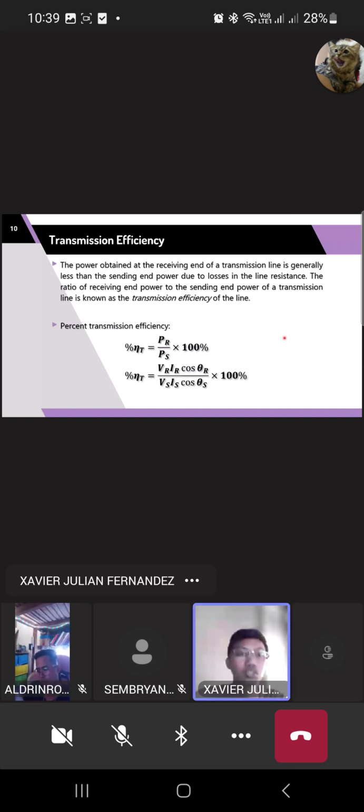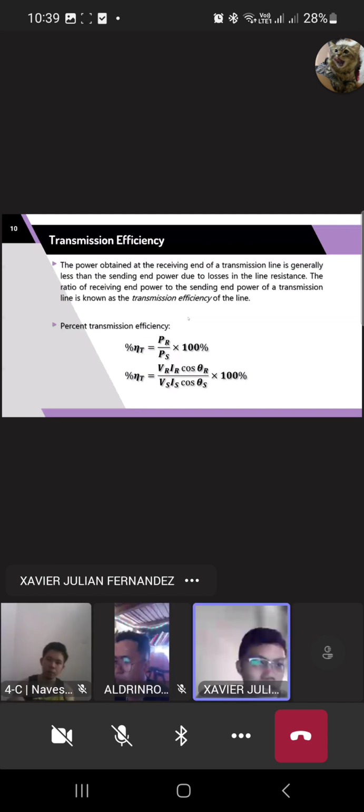Take note, for the sending end it is 1. But if the power factor at the sending end is given, did you include that in the calculation of the transmission efficiency?